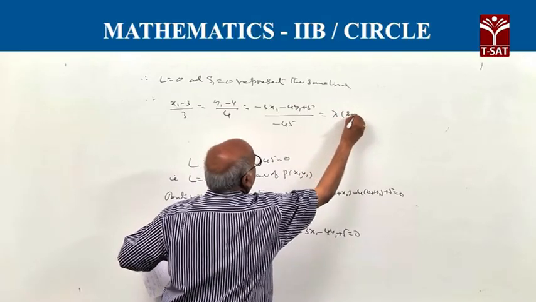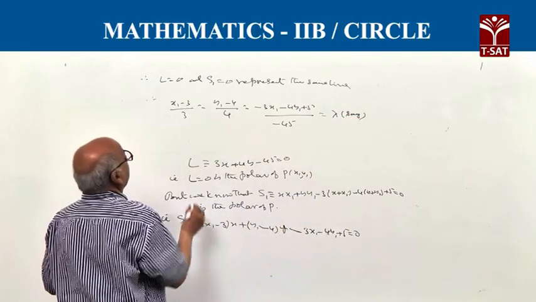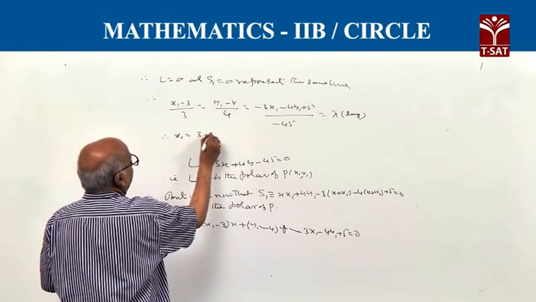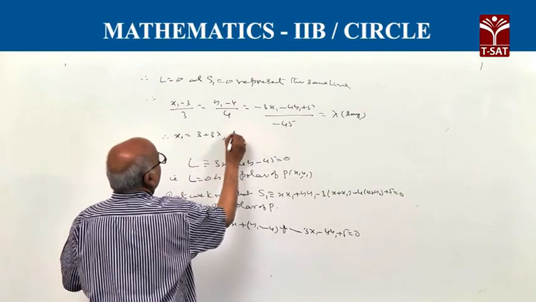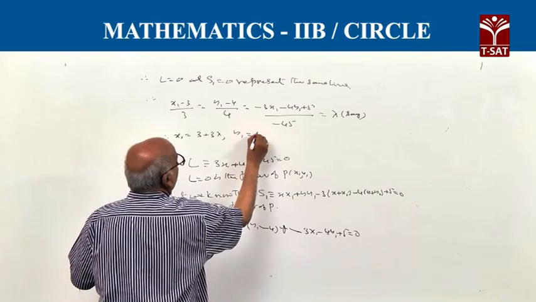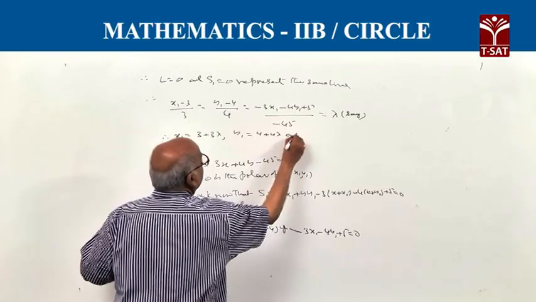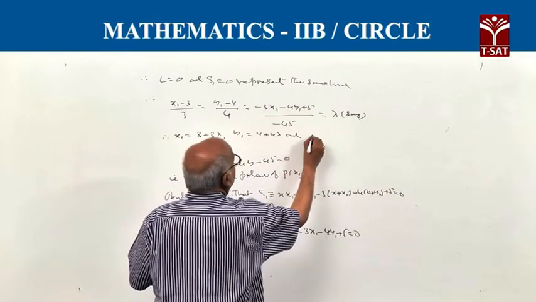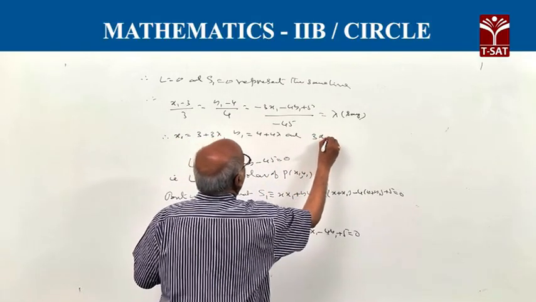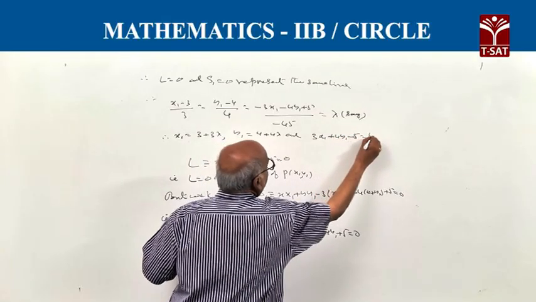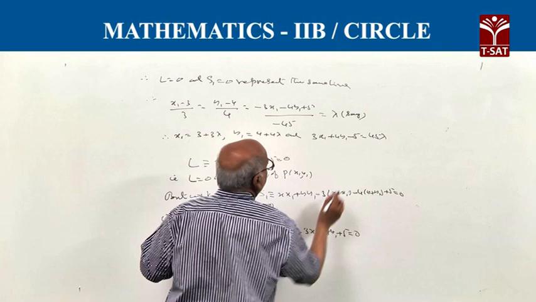So, x1 is equal to 3 plus 3 lambda and y1 is equal to 4 plus 4 lambda, and you will have 3x1 plus 4y1 minus 5 is equal to 45 lambda.